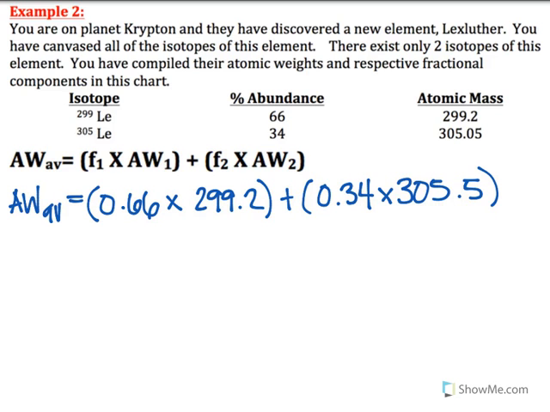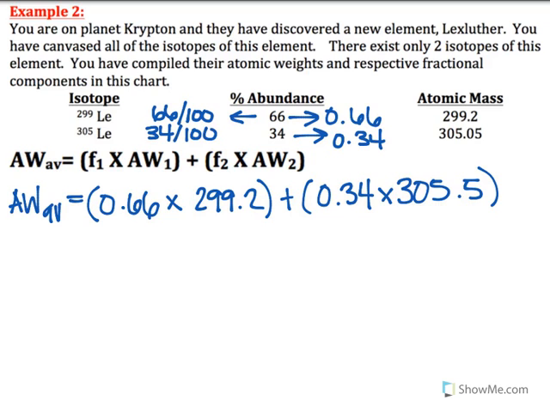Now remember, I like to change these straight from percent abundances to decimals just to make it easier when I type it into my calculator. This could also be 66 over 100 or 34 over 100. So you can either do it in the fractional form or the decimal form.